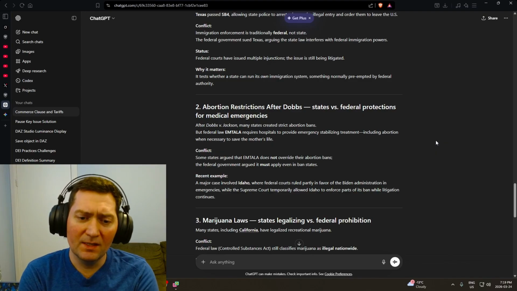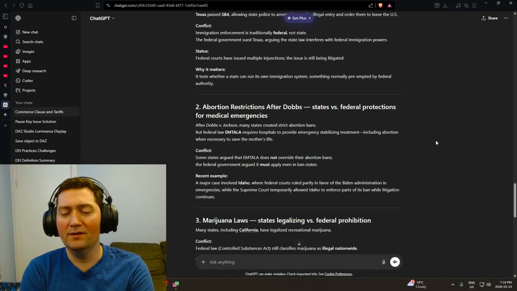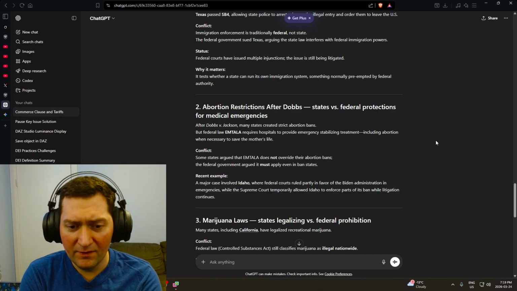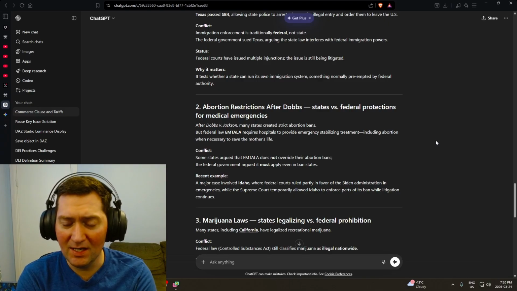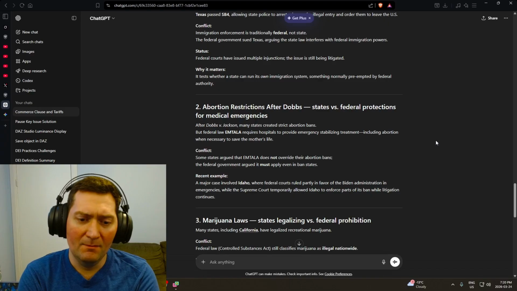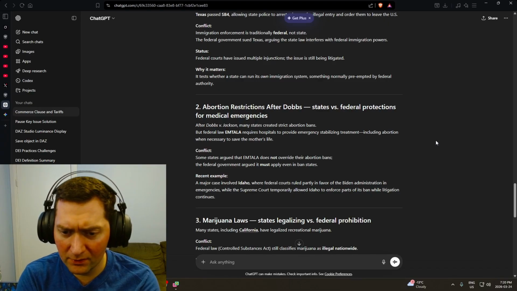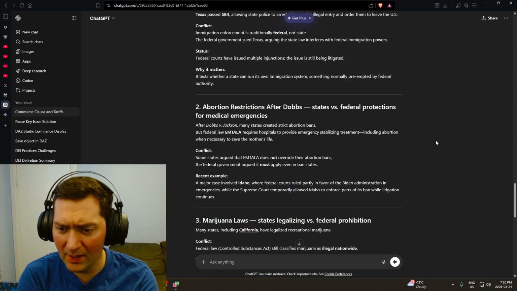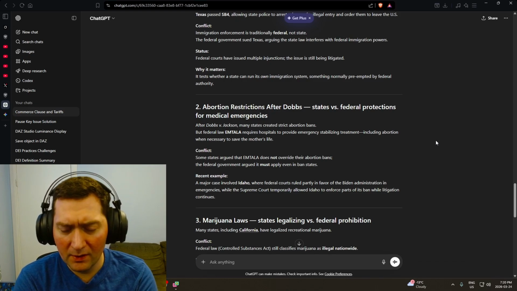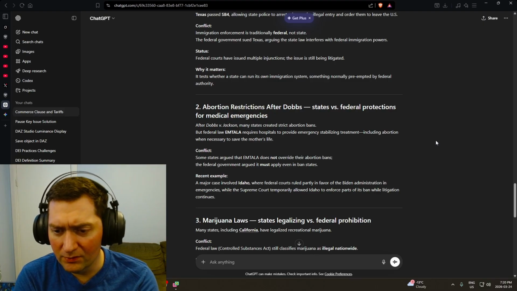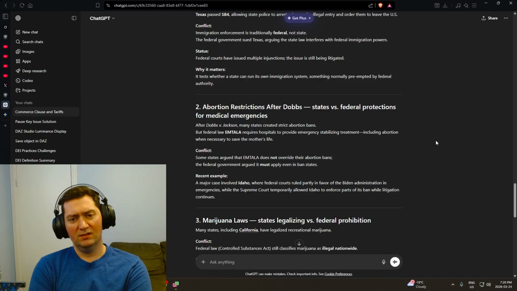Conflict: some states argue that EMTALA does not override their abortion bans. The federal government argued it must apply even in banned states. A major case involved Idaho, where federal courts ruled partly in favor of the Biden administration in emergencies, while the Supreme Court temporarily allowed Idaho to enforce parts of its ban while litigation continues.